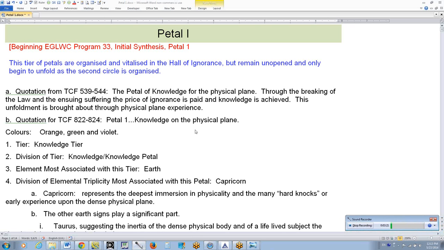So we begin with Petal 1. And as we read before, this tier of petals is organized and vitalized in the Hall of Ignorance, where man does the majority of his work, but remains unopened and only begins to unfold as the second circle is organized.